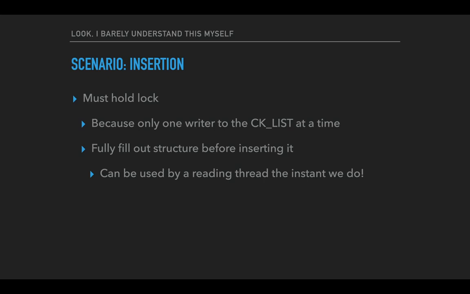This being an invalid pointer, it dereferences it, and then you get a kernel panic and people are angry with you. So fill out the structure completely before inserting it, because another thread could use it the instant that we insert it. Not particularly difficult, just one detail that we need to remember. Well, two. You need to lock and we need to do operations in the correct order.